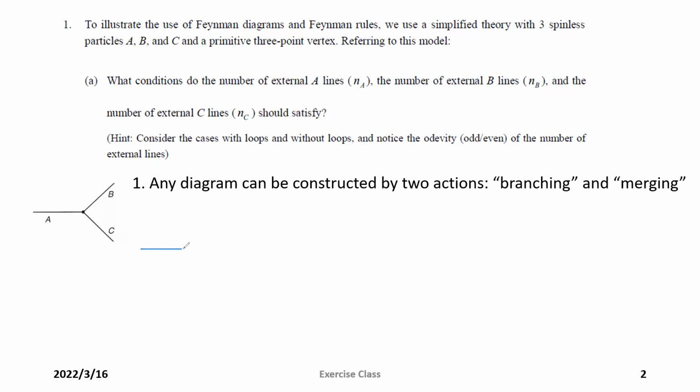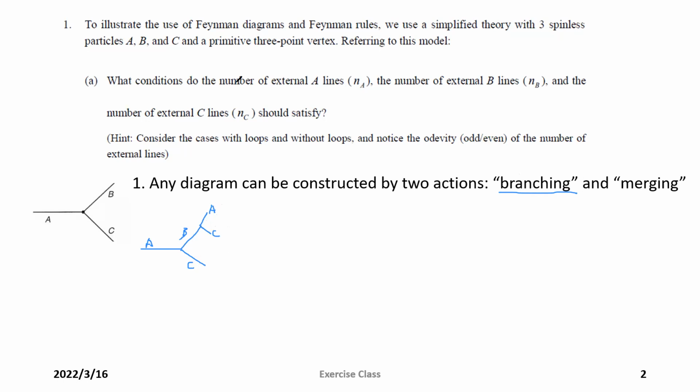First, we have a primitive vertex like this. What branching means is that we can add more external lines like this. So we can extend the external lines.